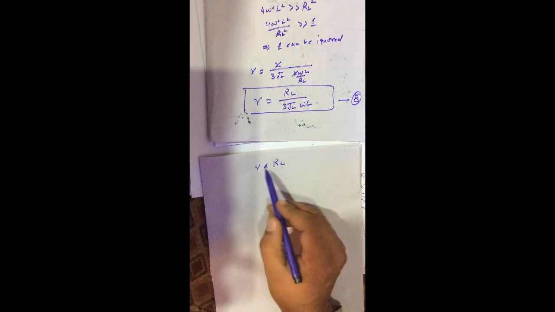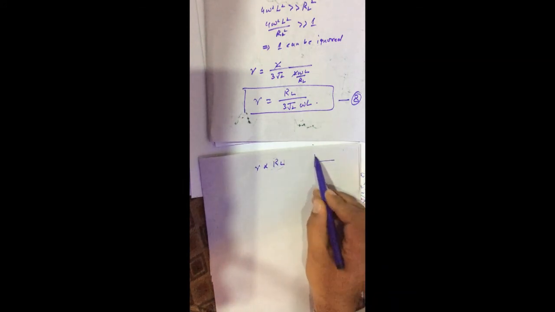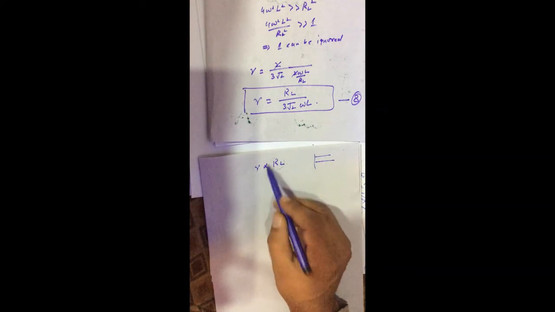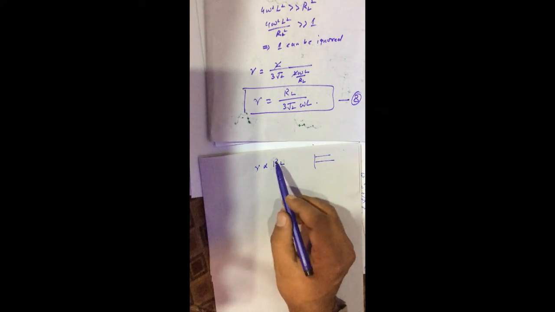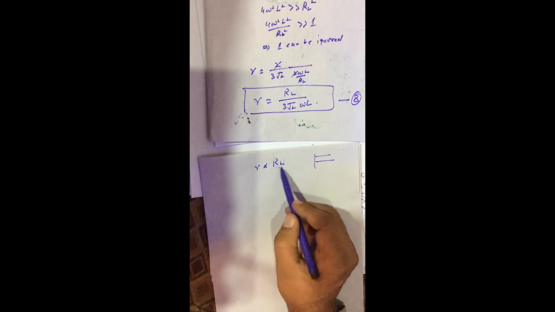If RL is smaller, then the ripple factor will be smaller, so we have more DC current. There will be less variation if we use a small load resistance. Once there is a small load resistance, there will be a large flow of current.